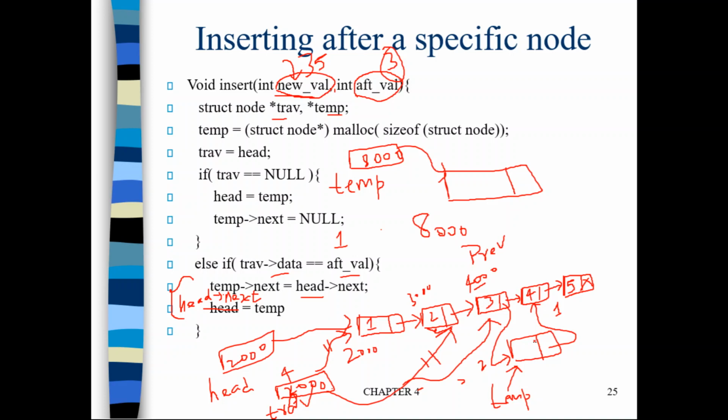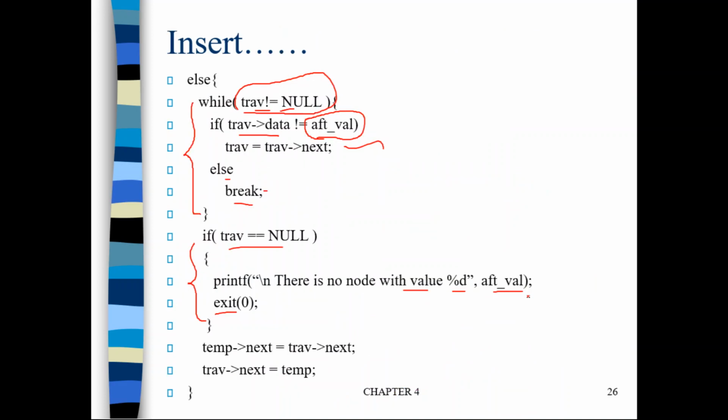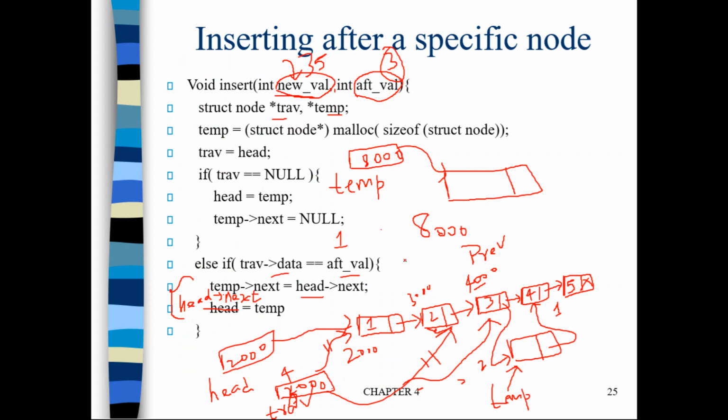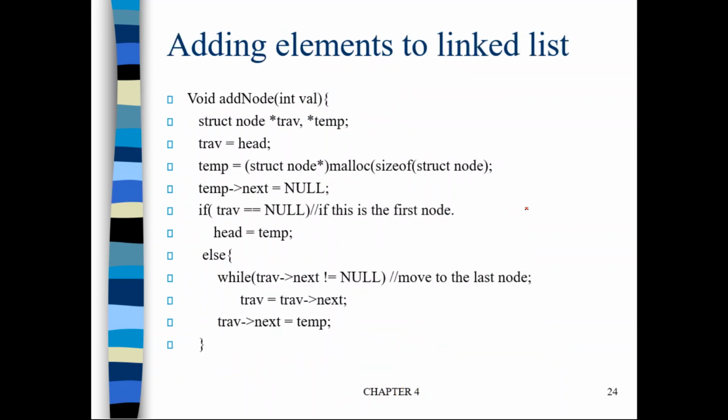This node is referred to as temp, so temp arrow next is equal to prev arrow next. Sorry, this is not prev, this is traverse, named wrongly. Our traverse is the one which is pointing to the node after which we want to insert. So temp arrow next is equal to traverse arrow next.